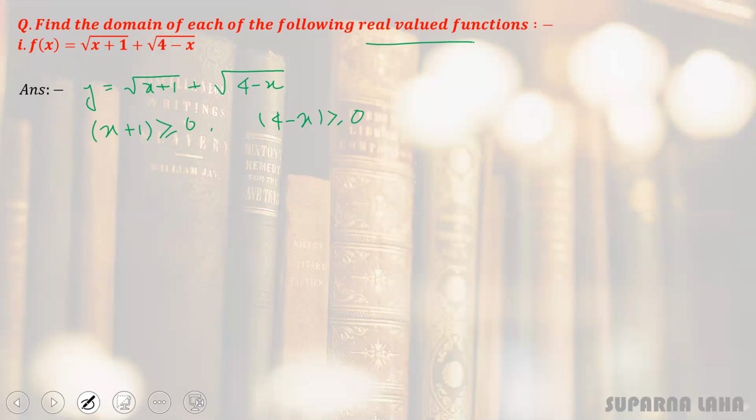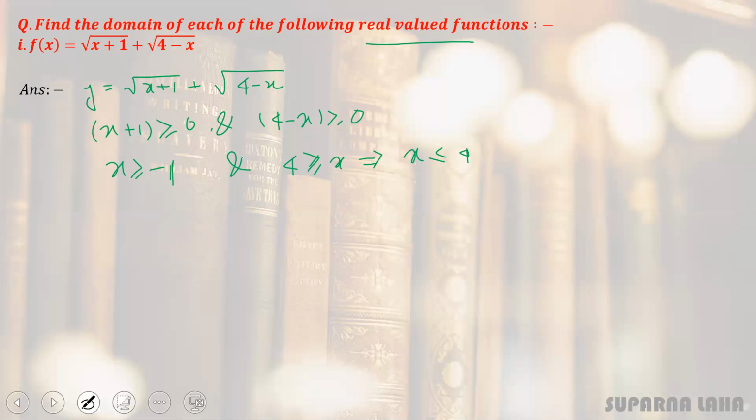Okay, so x is greater than or equal to minus 1, first condition, and 4 is greater than or equal to x, or you can say x is less than or equal to 4. Clear? Both are greater than or equal to 0.